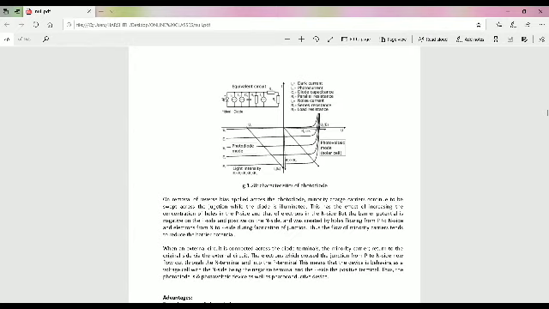It can be seen that the reverse current is not dependent on the reverse voltage and depends only on the light intensity.